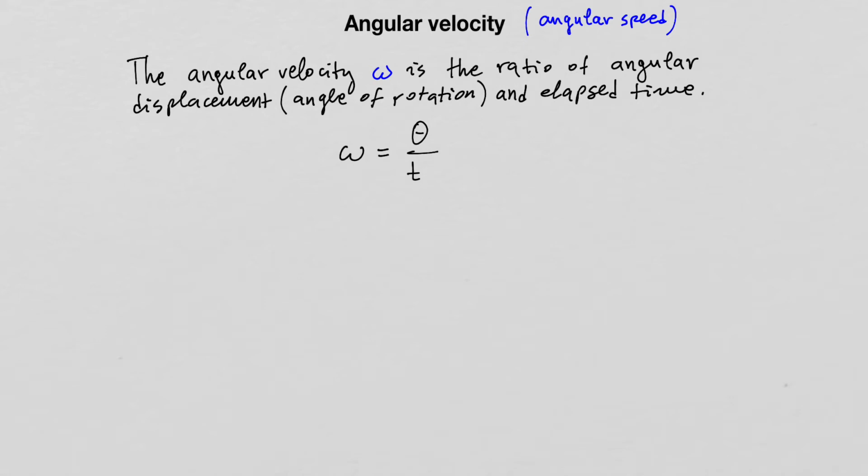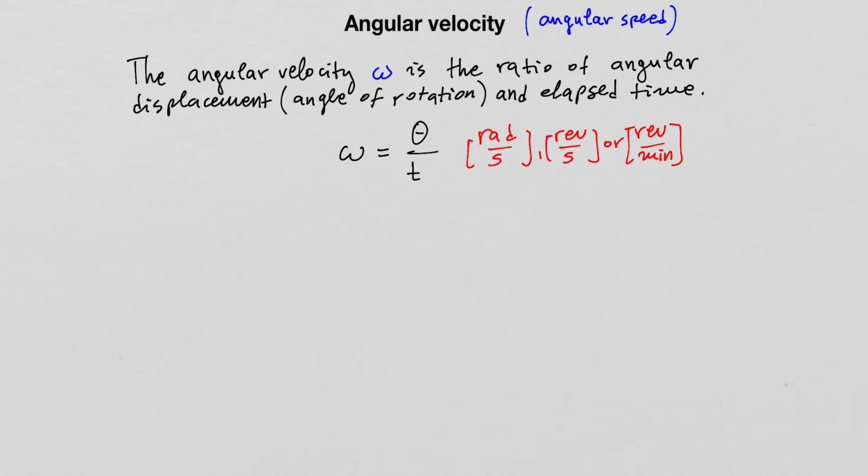The units that can be assigned to the angular velocity, based on the units of the angular displacement and the units for time, would be radians per second, which is the metric unit, revolutions per second, or revolutions per minute, which is the imperial unit.